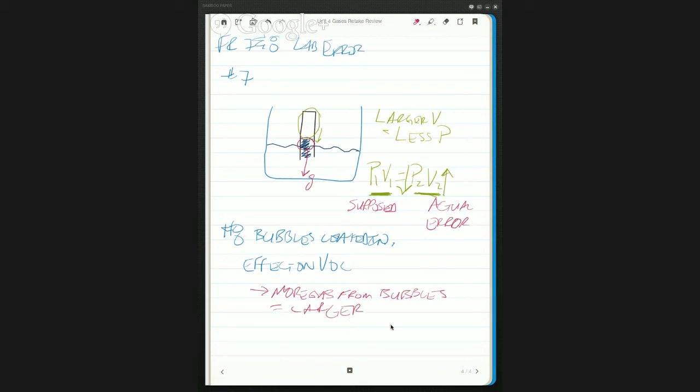That is what happens. Larger volume measured is what I should say. Larger volume measured. That was the effect. Very straightforward. Bubbles got in, so there was more gas, so it made the volume larger than it was supposed to be.